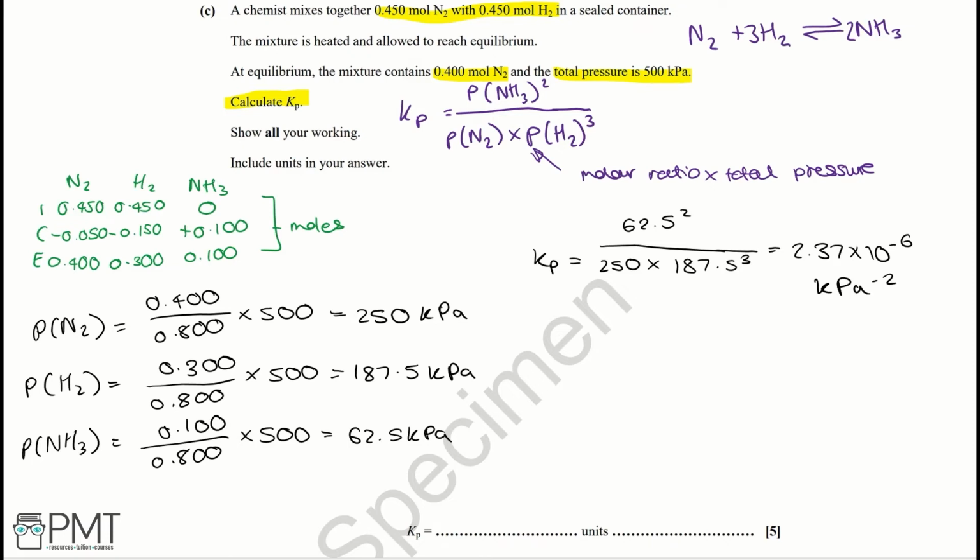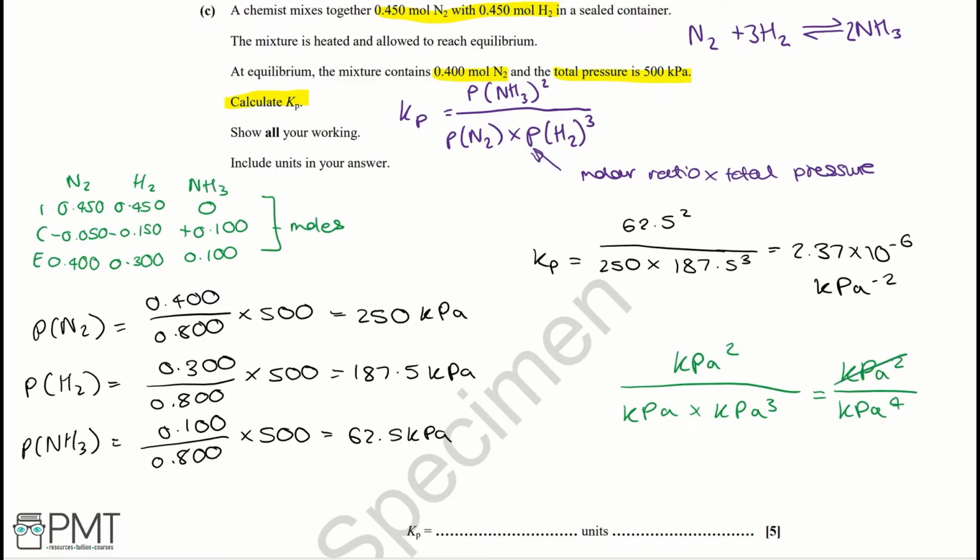How I worked out the units: we have kilopascals squared divided by kilopascals times kilopascals cubed. So that's kilopascals squared over kilopascals to the power of 4.